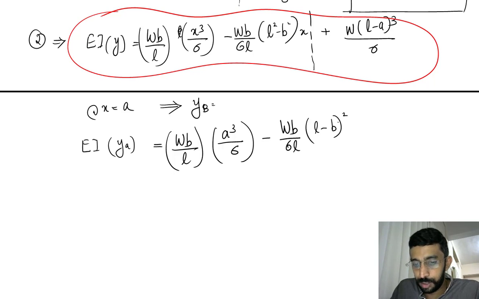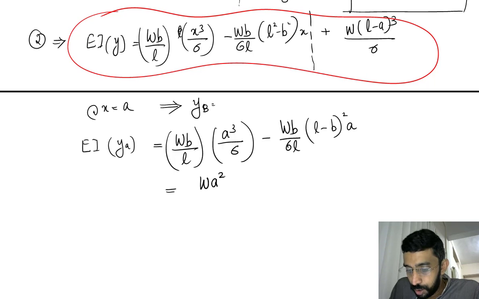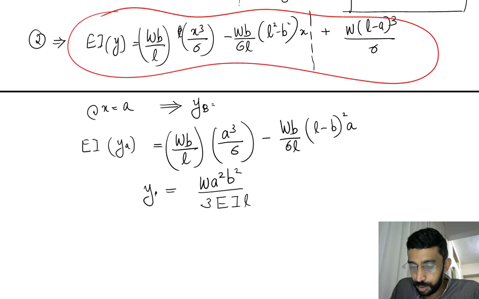Into the value of x equal to A. C1 into x was there, so the value of x is A. When you solve this equation, you are going to end up with the answer W A square B square divided by 3 E I L as Y at B.